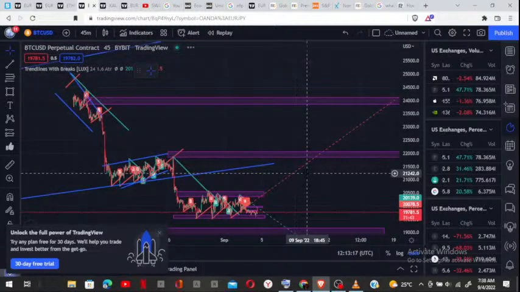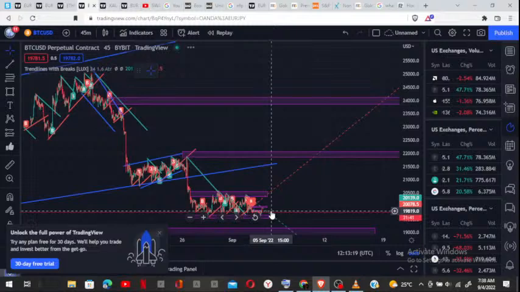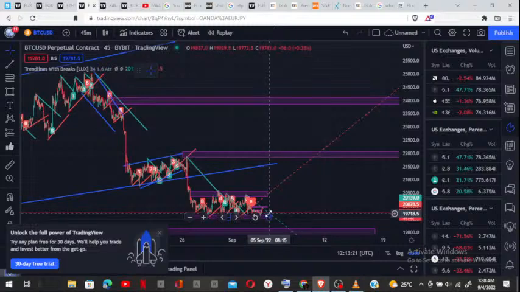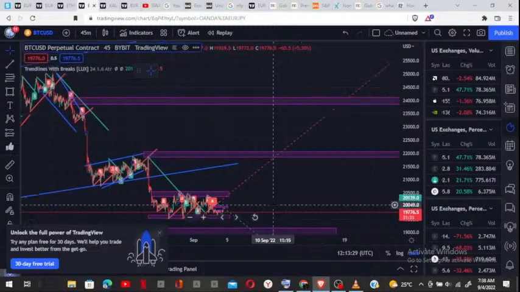What I told you earlier on is that if this happens and Bitcoin decides to break out going down to this level and maybe break further, then we'll be looking out for another major drop to level 16 or even 14k in the price level.